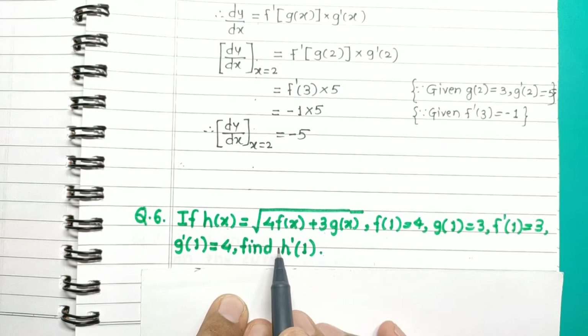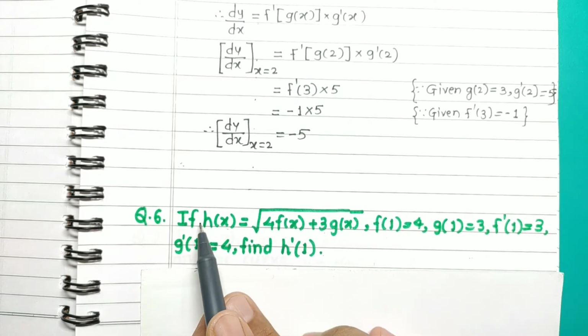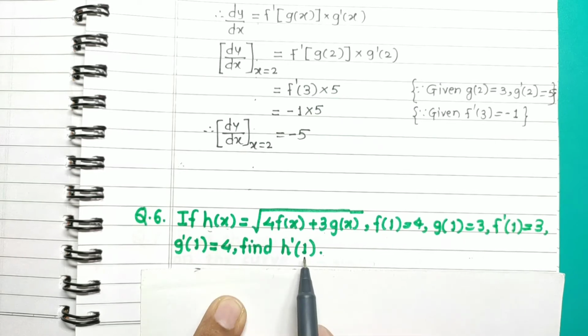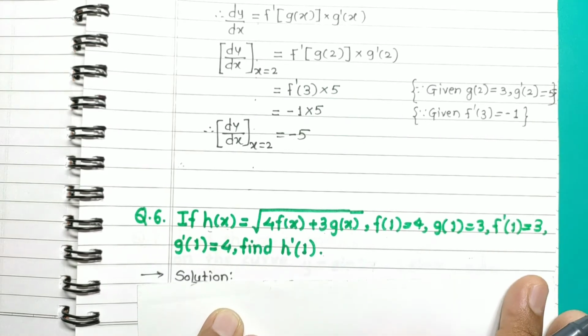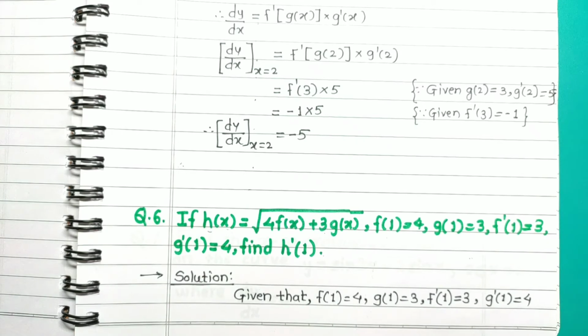That means here we have to find out the derivative of function h at x is equal to 1, and again for that we have to find out the derivative of this h function. So let's write down the given values first. F of 1 as 4, g of 1 as 3, f dash of 1 is equal to 3, and g dash of 1 is equal to 4, and then you write down the given function h of x as this function.